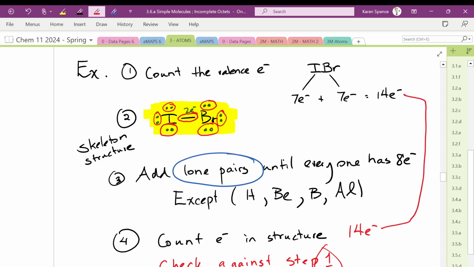Do we have the same number? We're done, unless it's an ion. Is it an ion? No, we're done. Is that good? So simple molecules will be very, guess what? Simple. You're not going to be very challenged by them, I hope. You'll follow those rules and you'll be like, okay, that's pretty good.